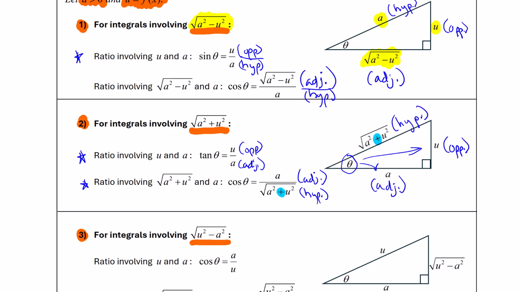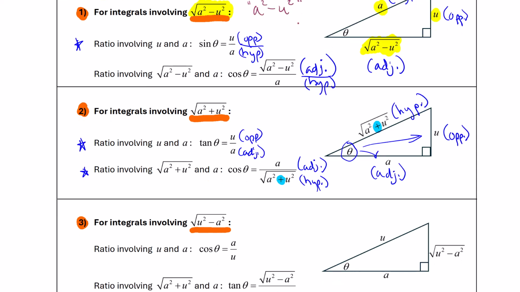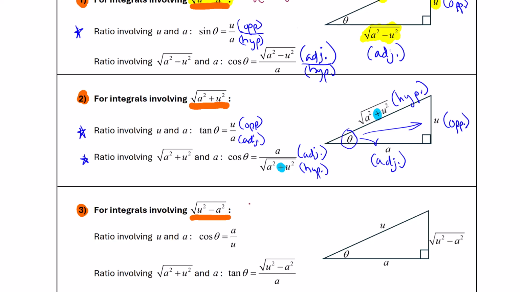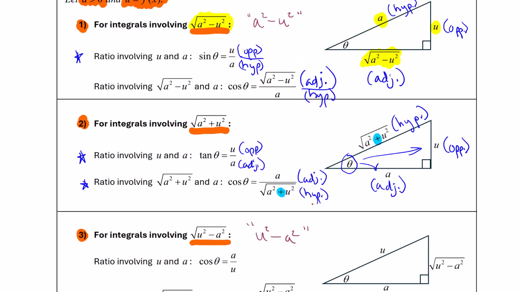The first one, which I will just note here, is a squared minus u squared. And notice the difference of the order for this third model. This one is u squared minus a squared. And so the order, of course, does matter when you're subtracting terms. Those are different. You can't just switch the order of the terms in subtraction.